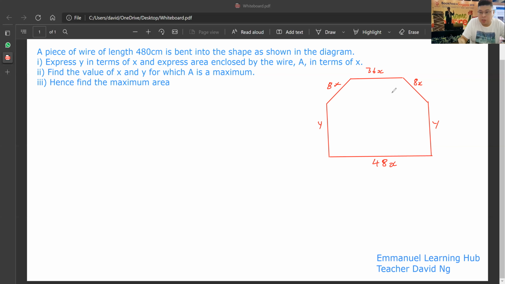So the perimeter is 8 plus 36, 44. 44 plus 8, 52. 52 plus 48, 100. Can you see there's 100x? You understand how I get this? Yeah.